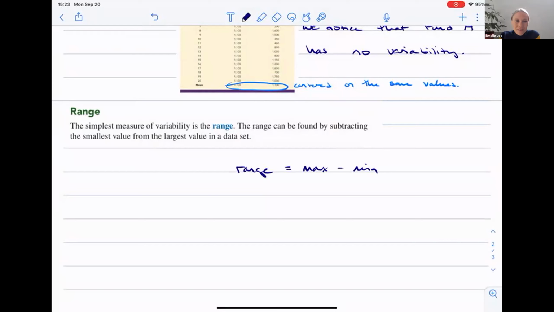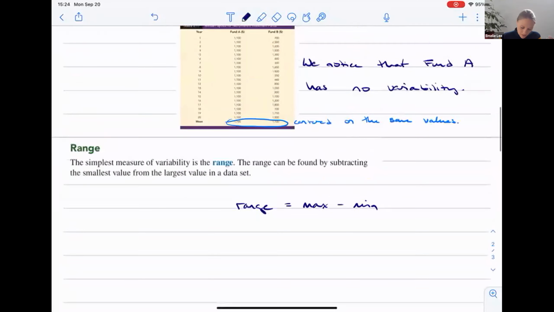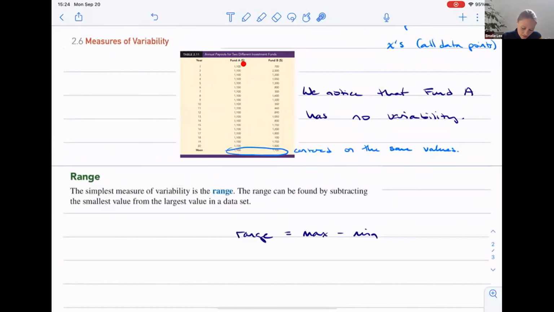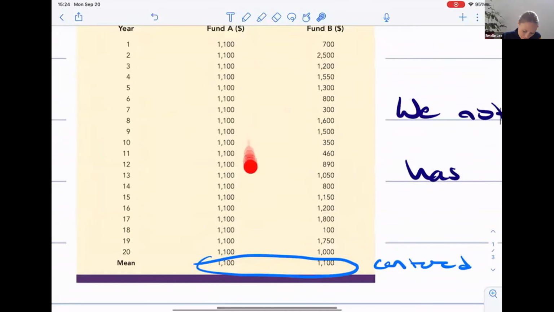That's easy enough, right? That gives us some idea of the variability, right? Especially here, Fund A would have a range of 0, right? Because 1100 is the maximum, but it's also the minimum. So when I subtract those two, I get 0, right? So there's 0 range, which is a measure of variability. Whereas here, I haven't looked at these too closely, but I'm seeing a 300, a 100.